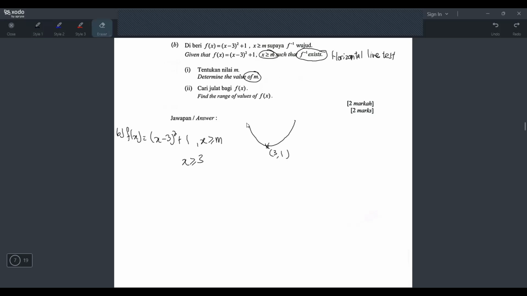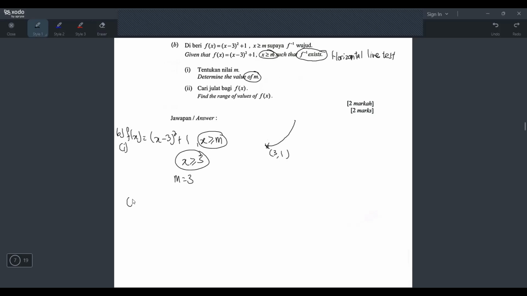It means your graph will look like this instead. And if it looks like this, then the inverse will exist, because anywhere you draw the line, it will pass the test. Do you understand? It means x has to be bigger or equal to 3, then only the f inverse can exist. It means your m must be 3, because you compare this with this. So x bigger or equal to m, x bigger or equal to 3 means m is 3, right?